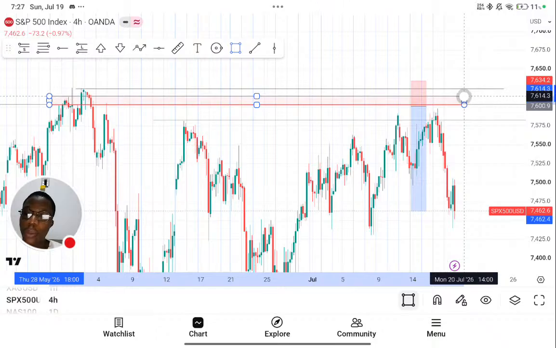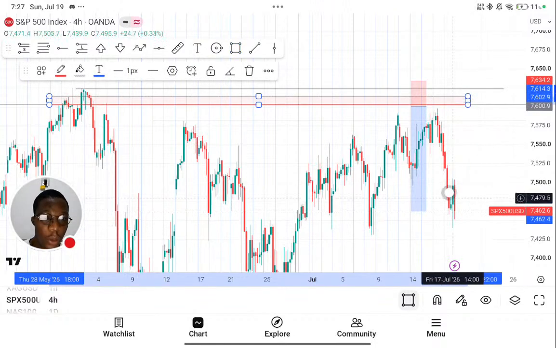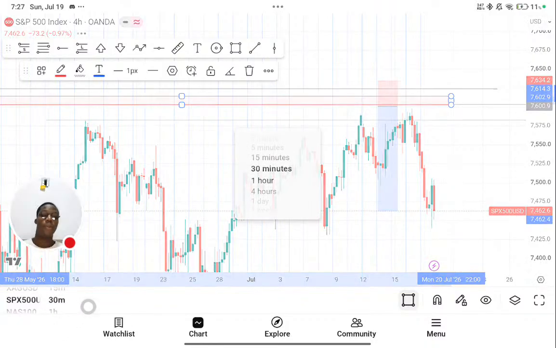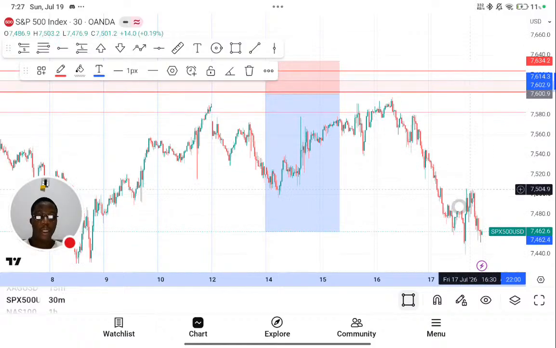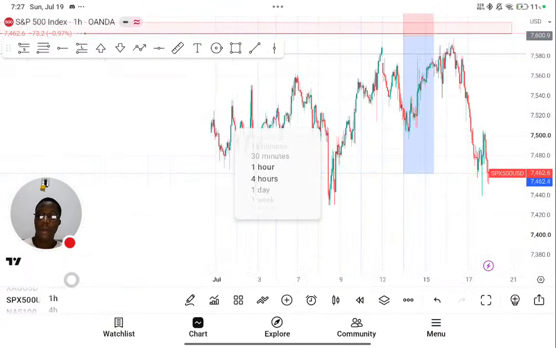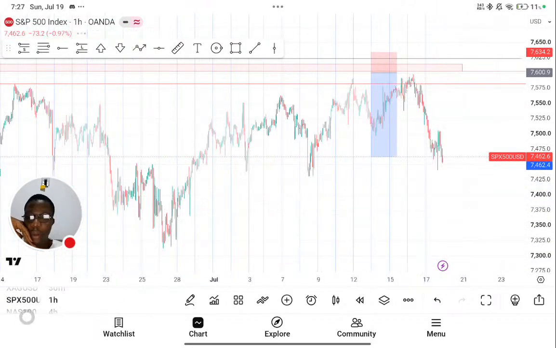So it was the reason for the idea last week. But now, where is price currently, and what are we looking to happen next week?